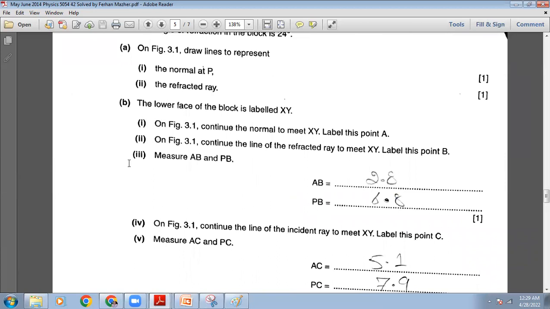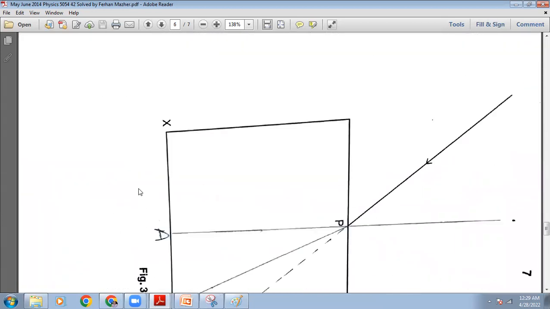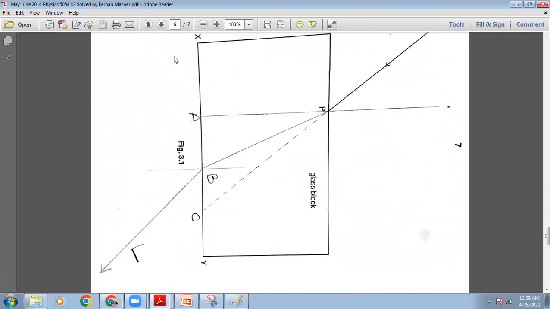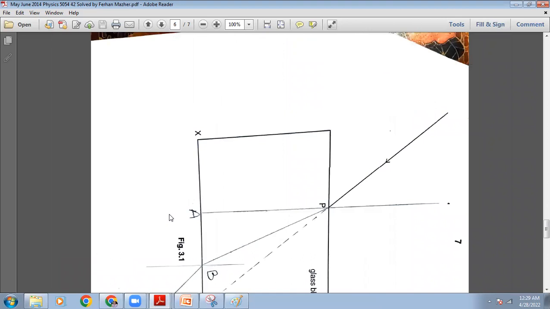Then the question says the lower face of the block is labeled XY. You can see that this has already been labeled as XY.